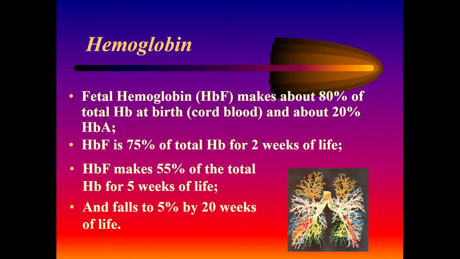Hemoglobin F is 75% of total hemoglobin for the first 2 weeks of life, makes 55% of total hemoglobin at 5 weeks of life, and falls to 5% by 20 weeks of life. It decreases and changes from fetal hemoglobin to normal hemoglobin A.